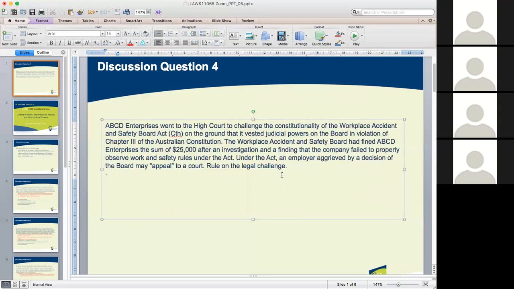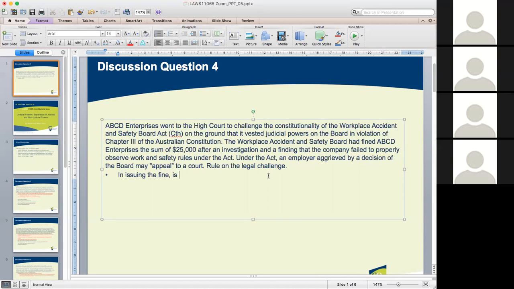So would the legal issue be that issuing that fine is ABCD Enterprises exercising judicial power?